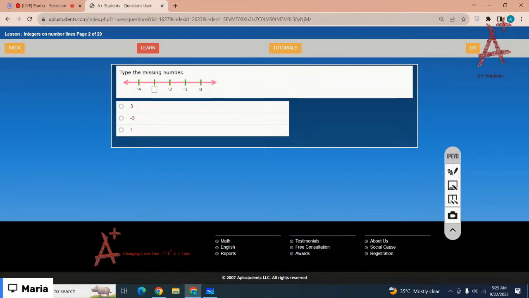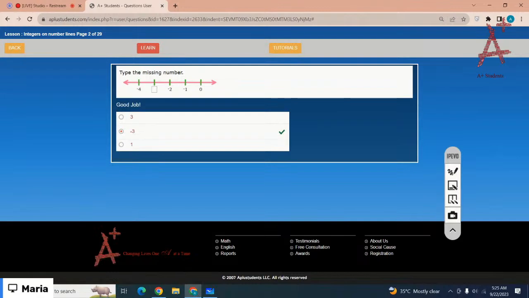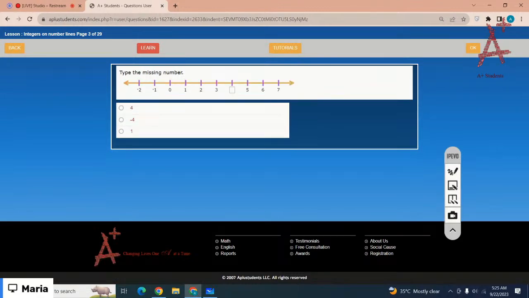Type the missing number. So which number is missing? Very good. The number between negative 2 and negative 4 is negative 3. Type the missing number.